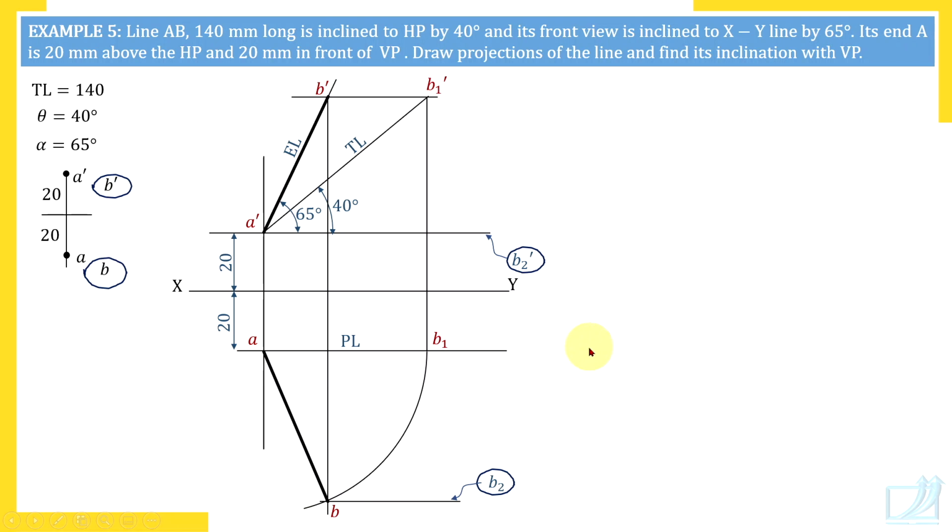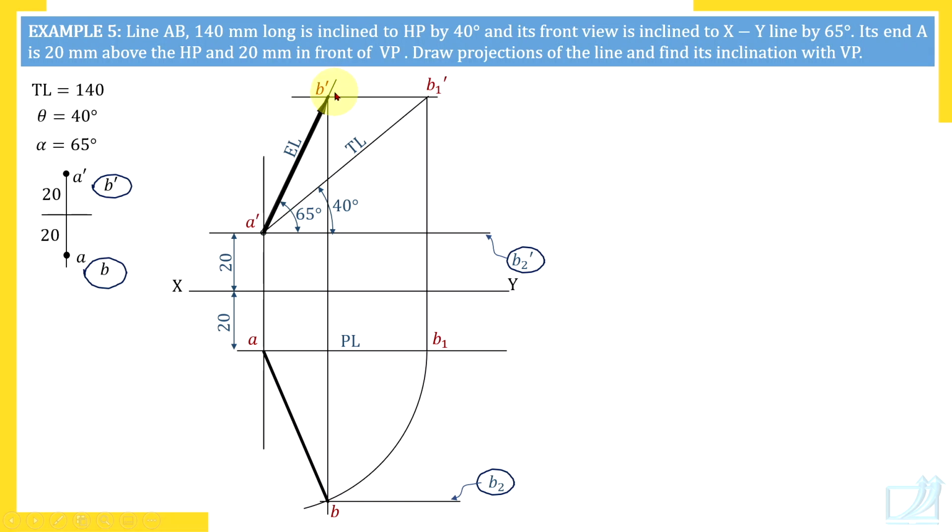Now there are horizontal and vertical lines through all labeled points. So again I'll use compass to rotate EL or PL, but rotation of PL is already over and we have found out that AB. So both PLs are there in the diagram. So we'll rotate EL now. Front view A dash B dash is there in the diagram.